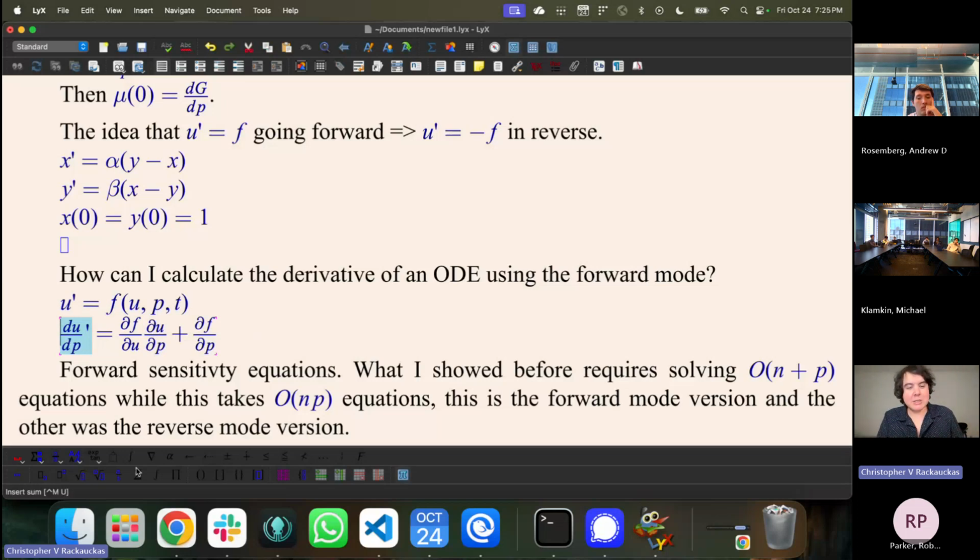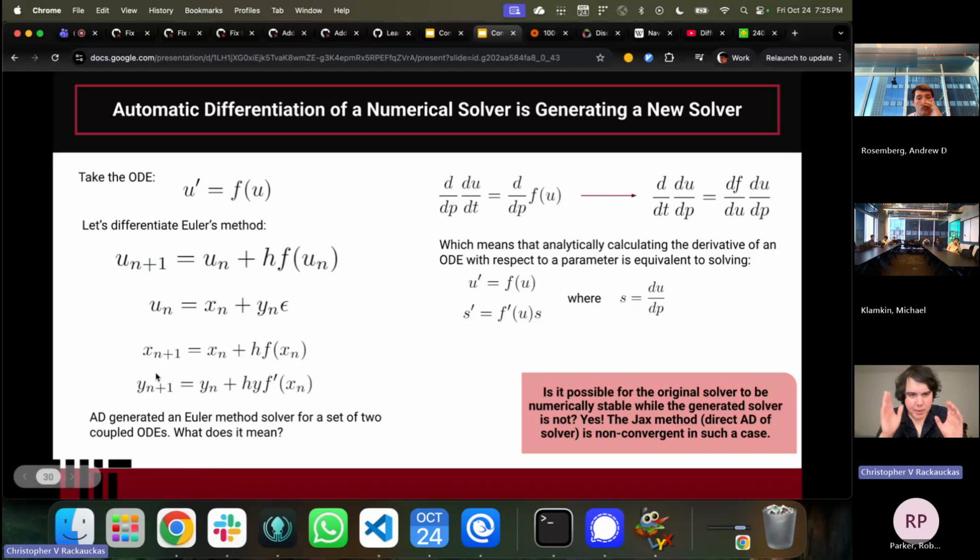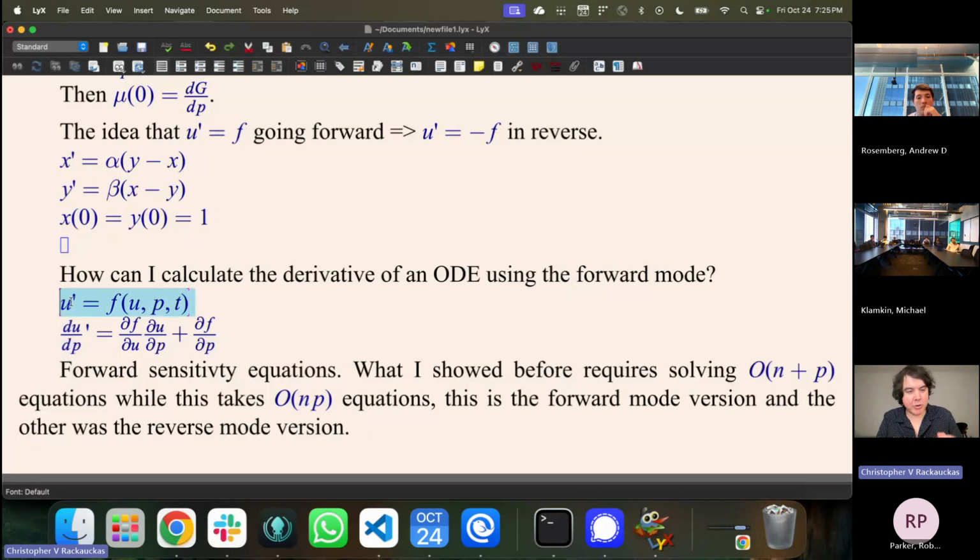So why is this potentially an issue? The reason why this is an issue is because the way that automatic differentiation works is it'll always take the same branches through your code, which means that you will have chosen time steps, h's, delta t's, such that your original process, this process, is numerically stable. But when you do automatic differentiation, it's going to generate a solver for this set of equations.